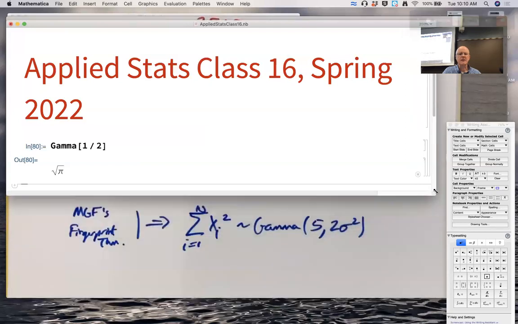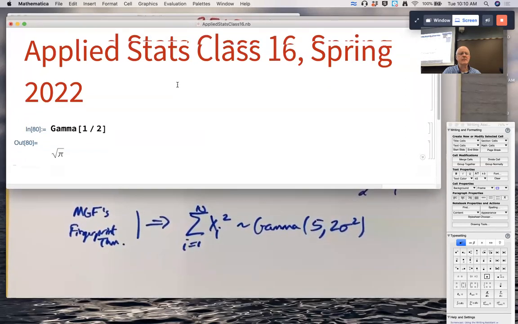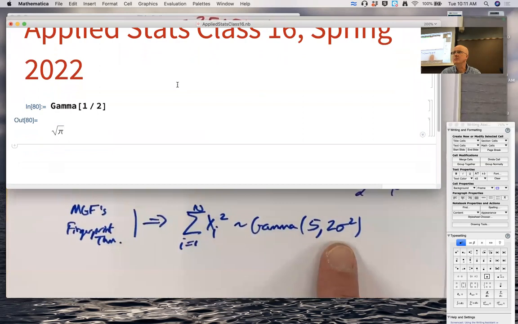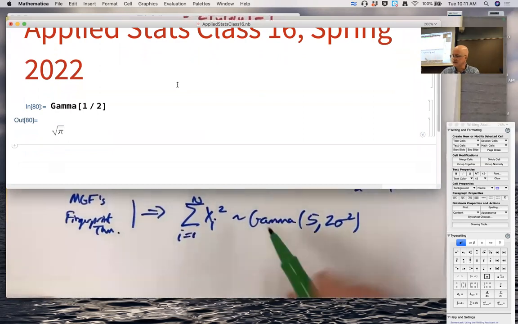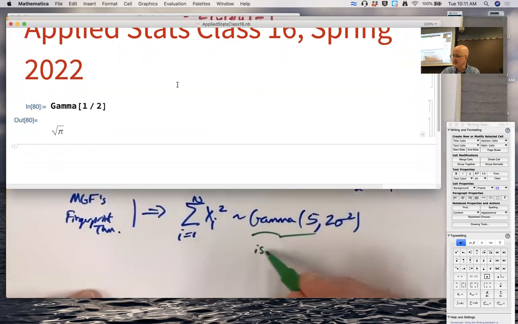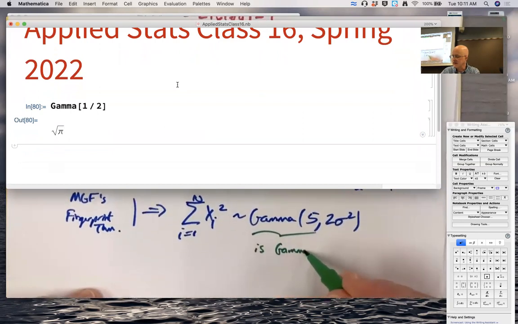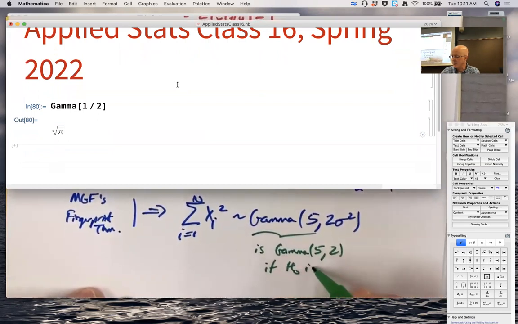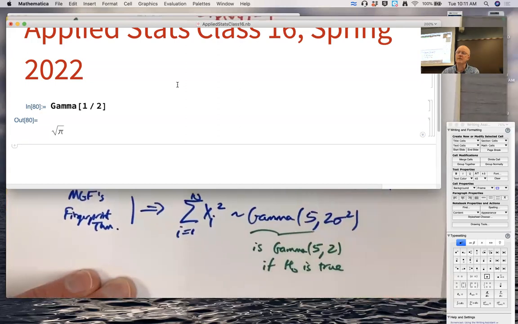Technology or a table of some sort is necessary. And I'm assuming the null is true when I do this, so I'm assuming sigma squared is 1, so that this becomes 2. This is gamma 5 comma 2 if the null is true, which you want to assume if you're going to calculate alpha.